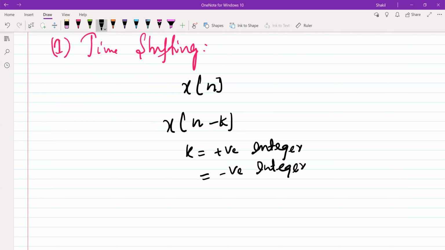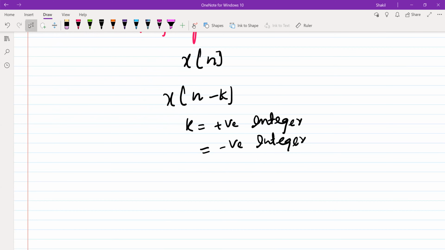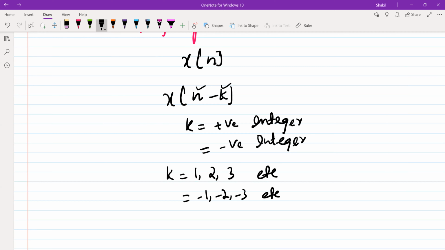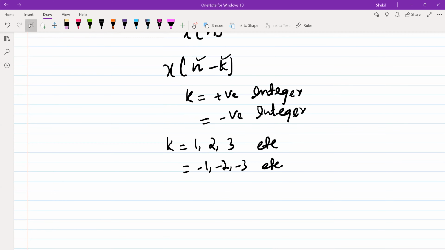In the first lecture, I said that we will restrict n to take only integer values for this course. So k must be an integer value. For example, k can take values like 1, 2, 3, or it can take values like -1, -2, -3, and so on.